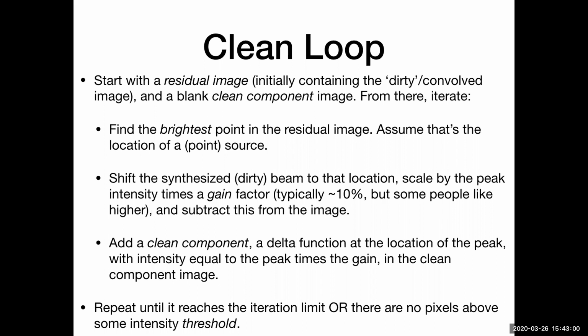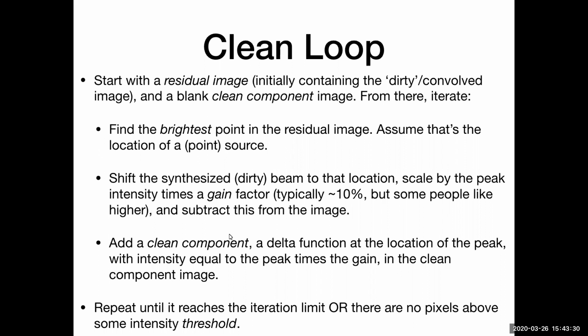You convolve it with the synthesized beam and say, okay, this is the side lobe pattern I should be getting from that source. I am going to remove that side lobe pattern, so you subtract it off by some fraction. There's this gain factor, which is how much of the source you want to subtract off in one go.